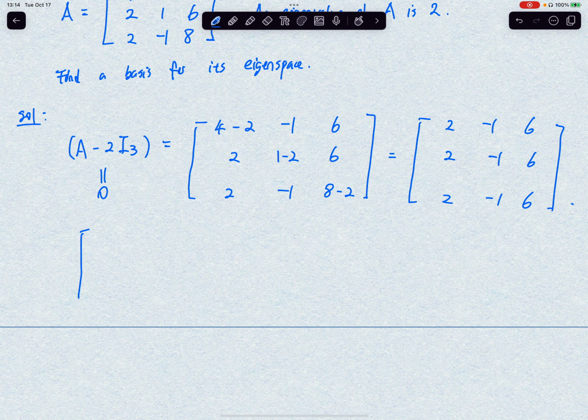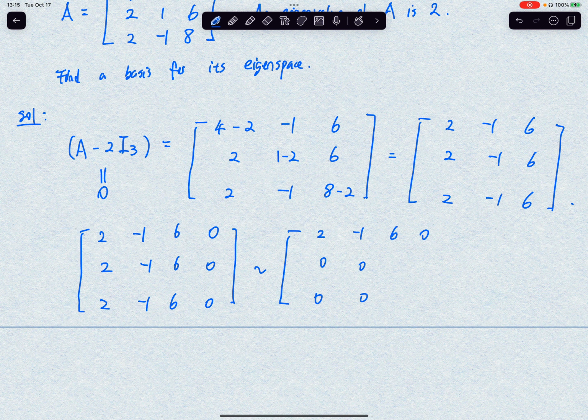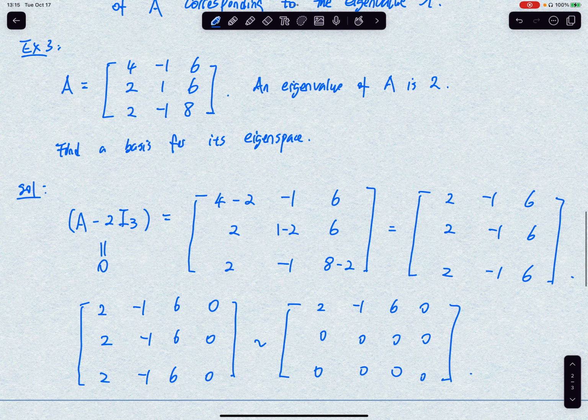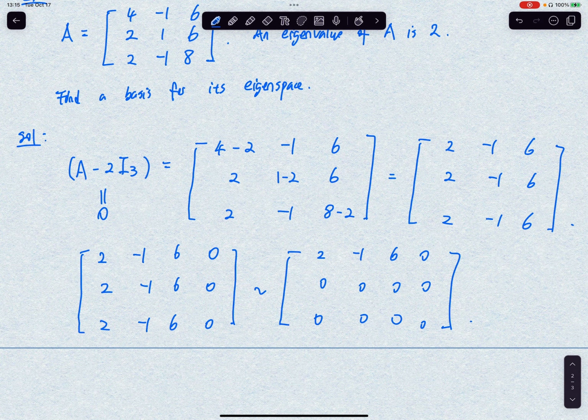So that is [2, -1, 6, 0; 2, -1, 6, 0; 2, -1, 6, 0]. This is row equivalent to a matrix with only the first row being non-zero. And at this point, it is obvious that 2 is indeed an eigenvalue of A, since (A minus 2 I_3) x equals 0 has free variables.